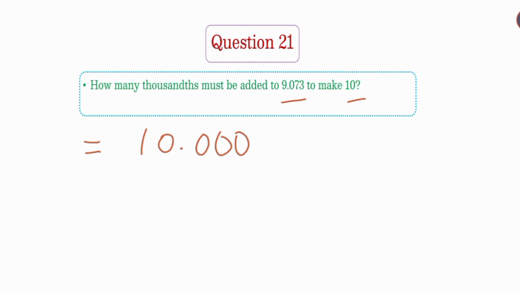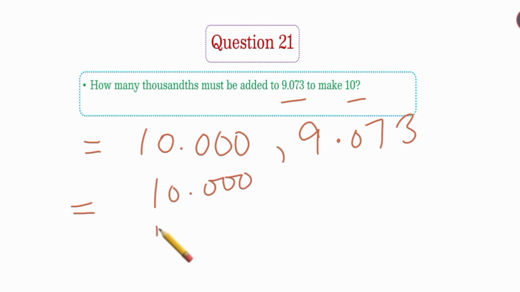So we can make them like decimals as 10.000. Now they both are like decimals, 9.073 and 10.000, because you can see that they have the same number of digits after the decimal point. Okay, now we just do 10 take away 9.073.